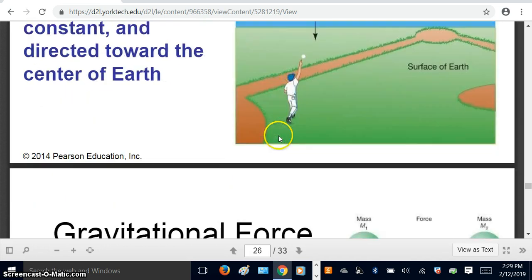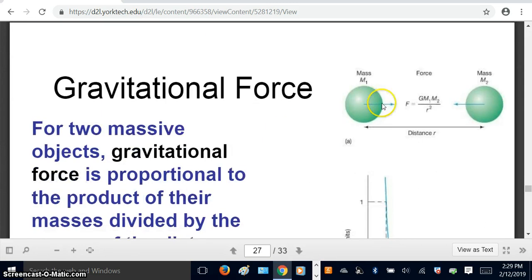And of course Newton worked out the mathematical relationship for the gravitational force. There's the equation right there that I'm pointing the mouse at. So the force is equal to a constant G. Big G is an important constant in the universe. It's the universal gravitational constant. And then the product of the two masses divided by the distance between them squared.